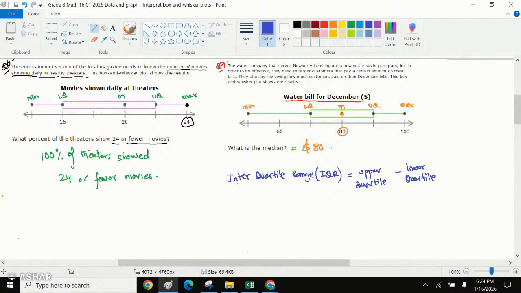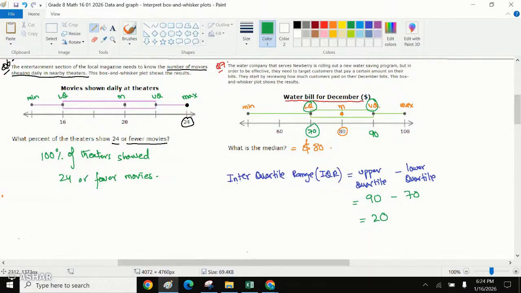So what was the upper quartile over here? This would be 90, right? Upper quartile was 90 minus the lower quartile was 70. That means $20. That means the middle 50% of the people had a bill difference of $20.